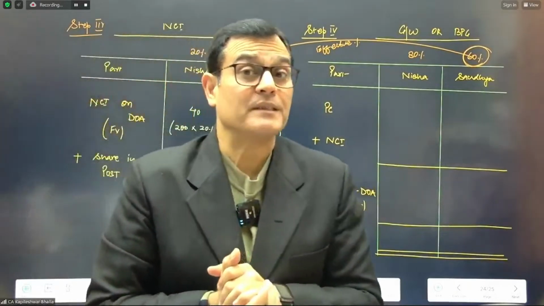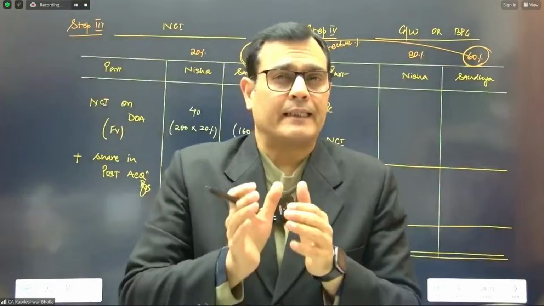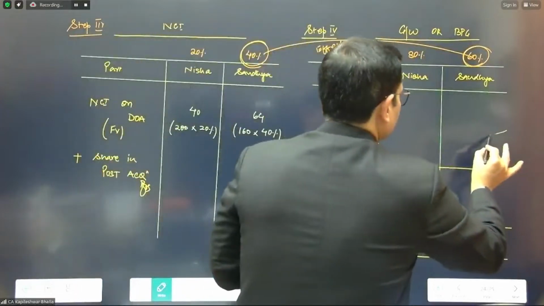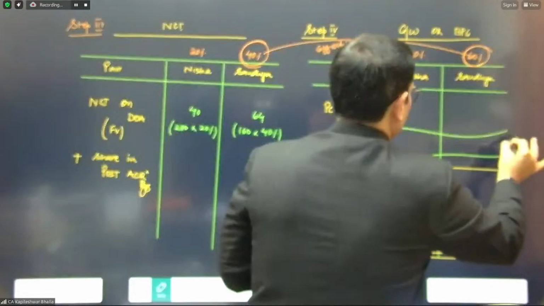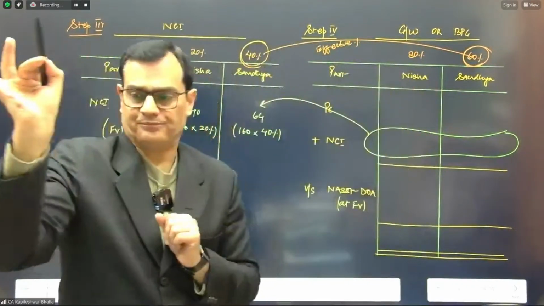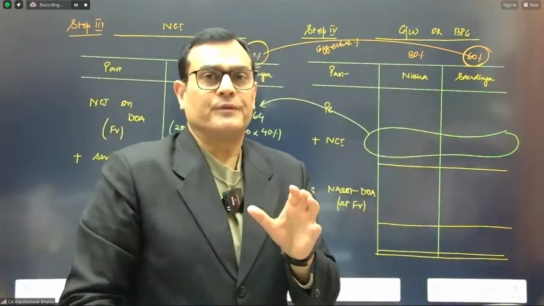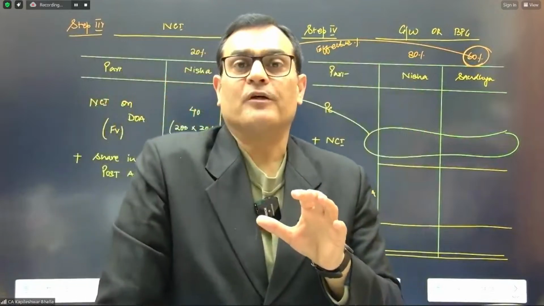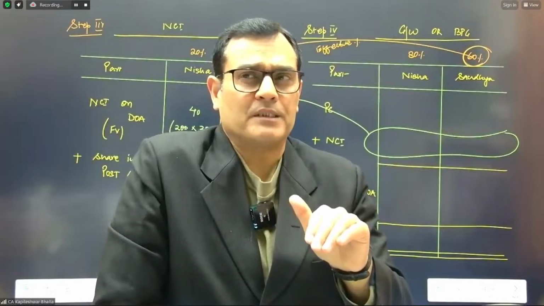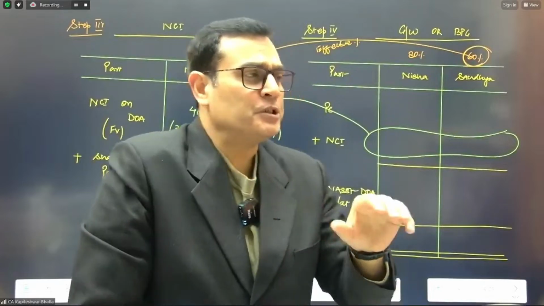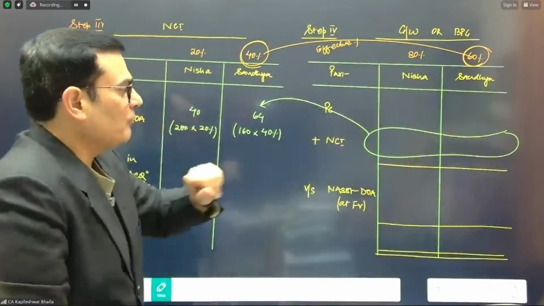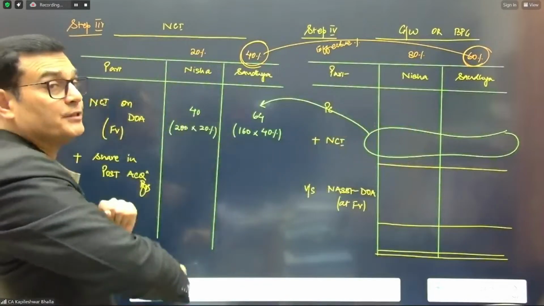Let me also ask myself a question. Can I afford to take this NCI from step number 3? You tell me. Considering that the NCI is at a fair value, and even otherwise it's not at PASNA, there is no dividend information, can I safely pick up this NCI from the data in step number 3?